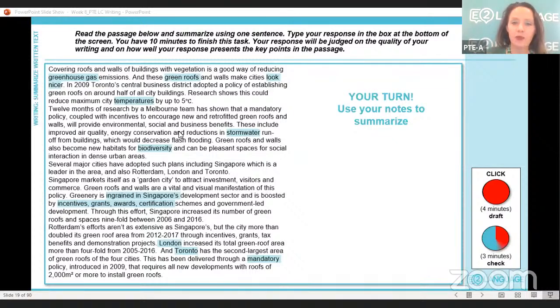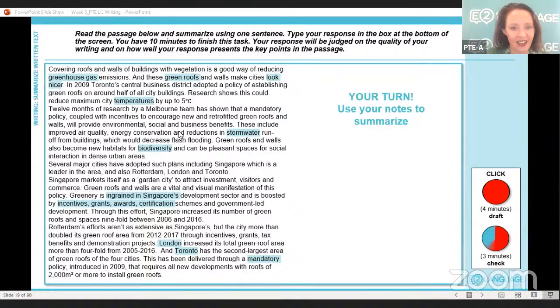I see, as Singapore, okay, let's look again. Covering roofs with walls with plants will reduce the temperature by up to 5 degrees, and 12 months of research that a mandatory policy and incentives will encourage to have a better air quality and energy conservation as Singapore, London and Toronto have done. Yeah, no, that's fine. It's just that the 2 sentences that I was a little bit scared when I saw that.